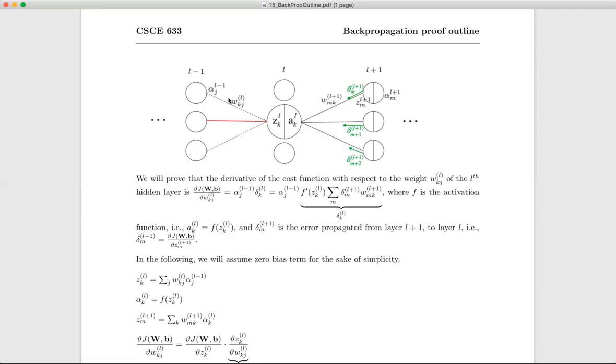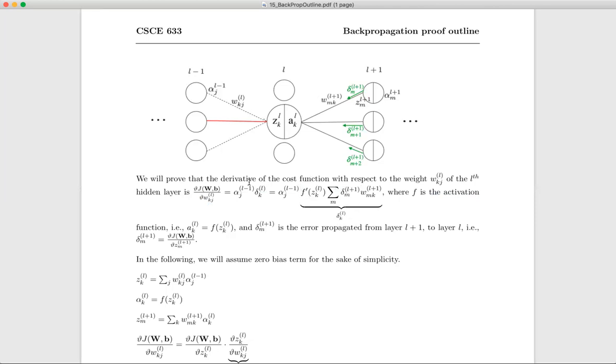That change of loss function with respect to this weight is proportional to the activation at the L-1 layer multiplied by the error that is being propagated here at the kth node of the L layer. Now this error, denoted as delta K of L, can be written as that update rule here.